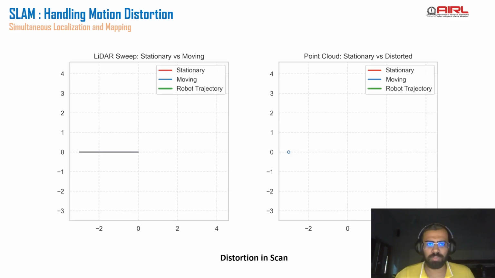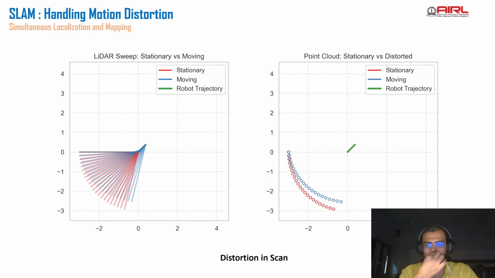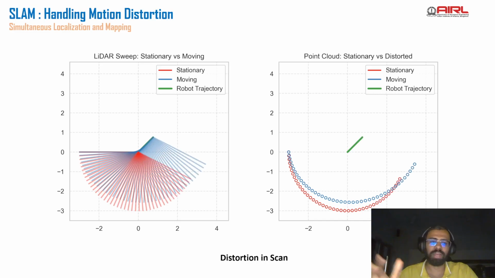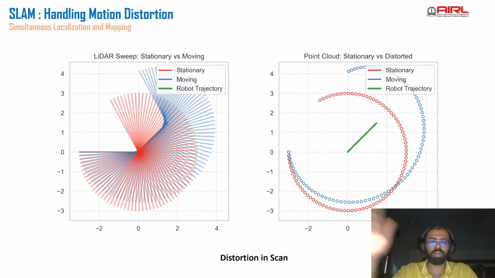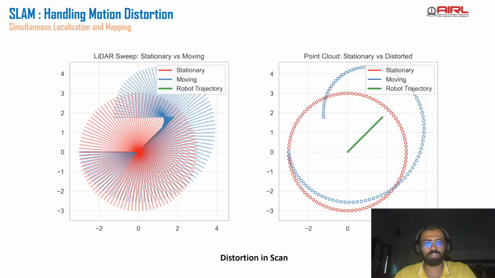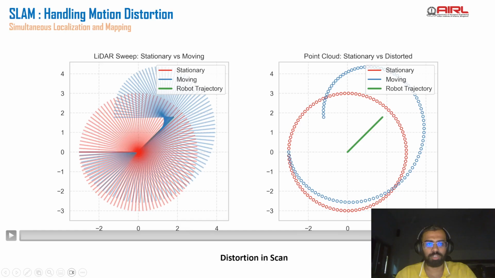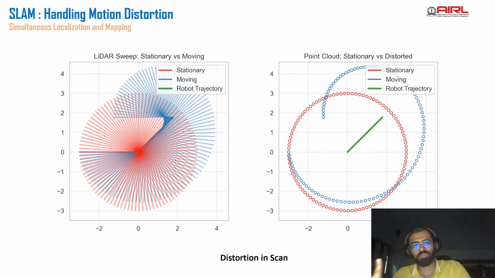So this is my sweeping LiDAR, and one would be stationary, and then I would be showing you a laser scan of what you would get if the robot was moving in a particular direction. On the left, you can see the robot's motion, and this is actually the scan you would get. The red is what we would like to have, but the blue is what we end up getting because there is a relative motion.